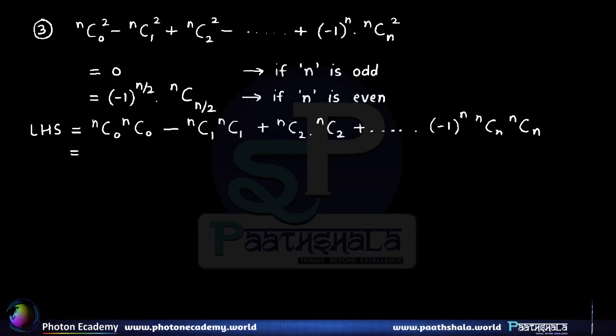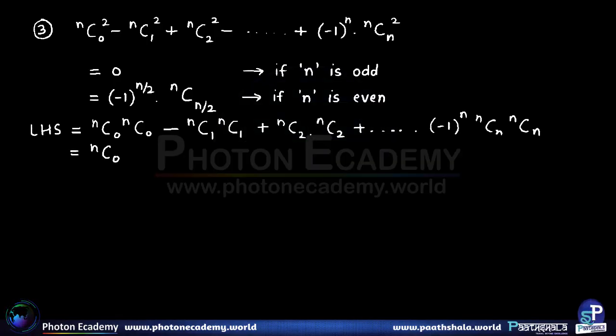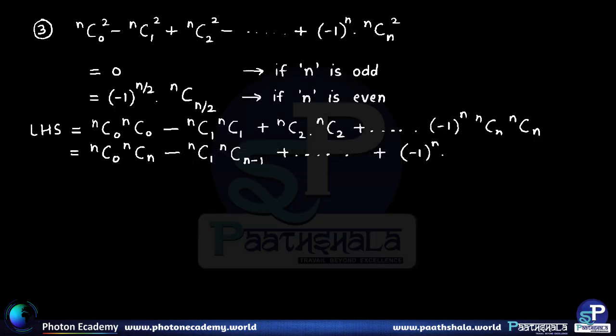Now using the property once again, nC0 we will write as nCn, then nC1 we will write as nC(n minus 1) and so on, up to lastly we will write (minus 1) raised to n into nCn, and the second nCn we will write as nC0.